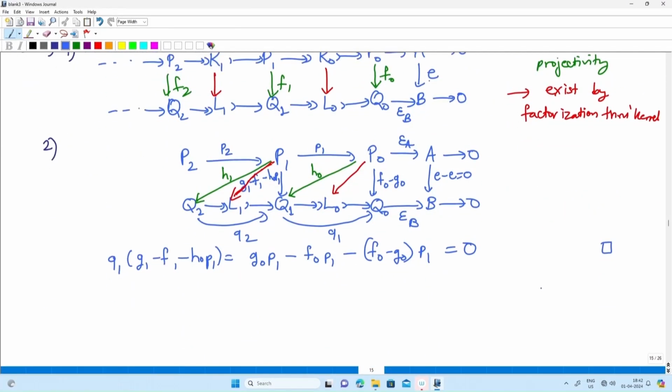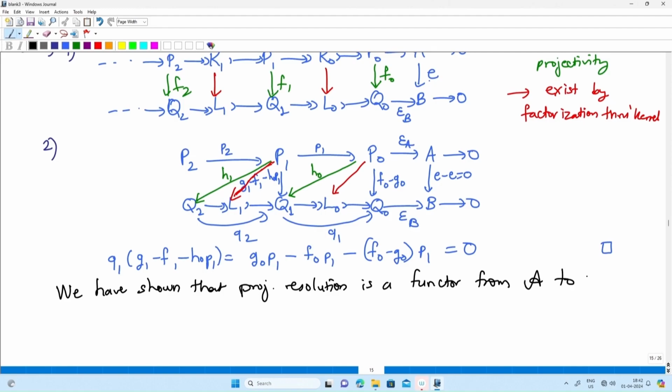If we want to combine this data into a single result, we have shown that projective resolution is a functor from A to K dot of proj A. In fact, it's not just K dot, it's K bigger equals 0 of proj A, which means not all indices are allowed to be non-zero.